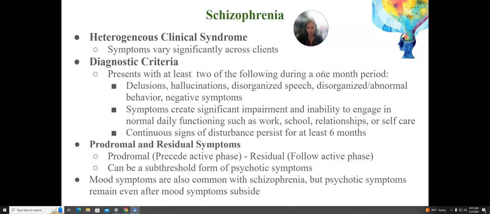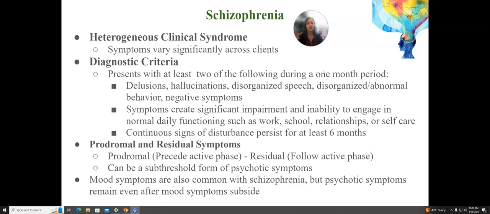Those are residual symptoms. I also want you to be mindful that you have mood symptoms that commonly occur with schizophrenia, some depression, and maybe some mania, and even after the depression alleviates or the mania alleviates, the psychotic symptoms remain.